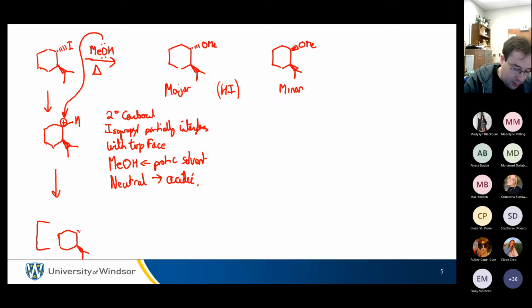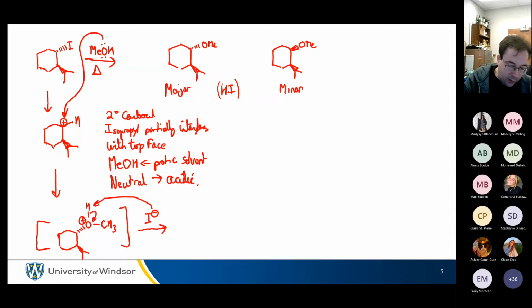Just skip to the product. The H is on the oxygen when it's attached, so you make the oxygen-carbon bond first, then you take the H off. I'm going to use the I minus to do that, but you could have used another equivalent of methanol. That would have been fine. And that takes us to the products.